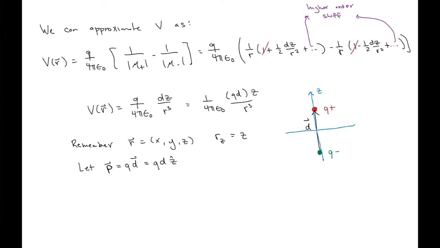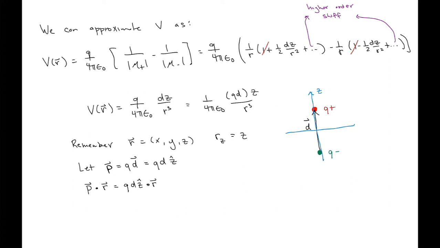If I wanted to, I could also take the dot product of p and the r vector. That is going to be equal to what I just said p is, which was q d z hat, dotted with the r vector.